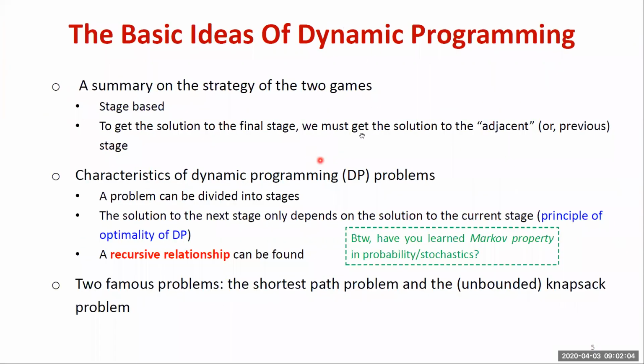The main idea is that the characteristics of DP are, first, a problem can be divided into different stages. And the second thing is that we can find a recursive relationship, where the solution to the next stage only depends on the solution to the current stage. This is also called the principle of optimality of DP.